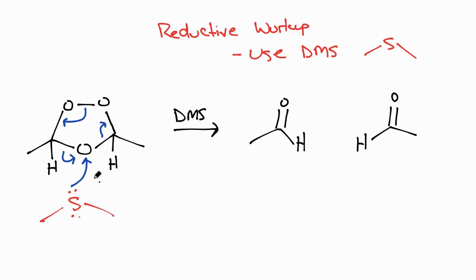And then we end up with sulfur bonded to the oxygen, and this ends up O minus, S plus, and this is a byproduct called dimethyl sulfoxide, or DMSO.